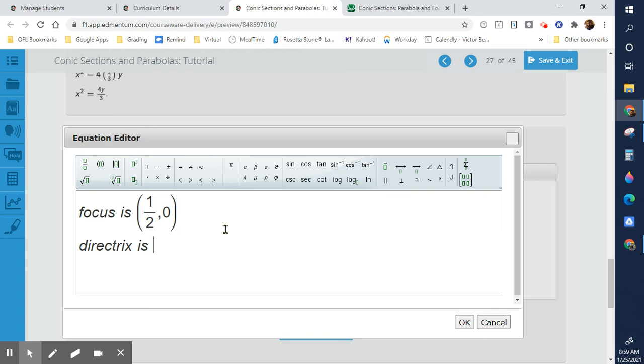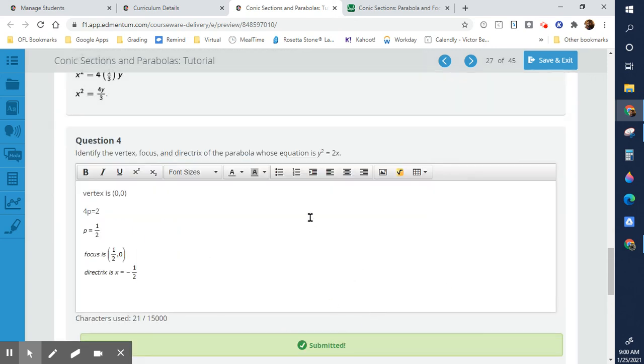In this case, because it is a vertical line, because our parabola is horizontal, we're going to say that x equals 1/2. We can see that the change is always going to be there. However, we have to subtract the 1/2. So it's negative 1/2. And then we'll submit that.